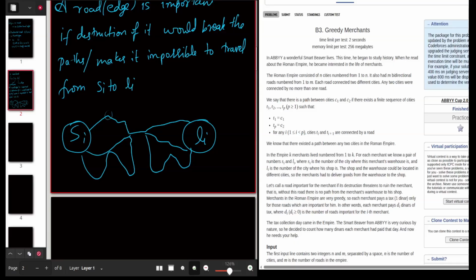There is a node here, a node here, and a node here. So these are all the possible paths from Si to Li. What is an important road for this merchant i? It is this one, the one I'm circling here. Because if you remove it, then you can see that there is no way to go from Si to Li because the graph became disconnected. So an important road is equivalent to a cut edge of the graph.